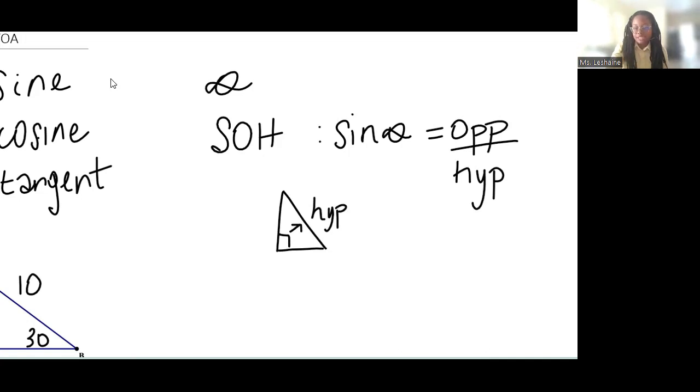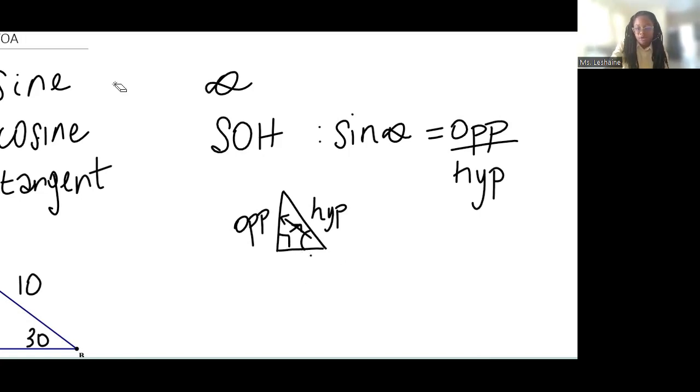It's always the longest side. Now, if I have an angle here, the side that is opposite to that angle is referred to as the opposite. And then the side that is beside the angle is referred to as the adjacent side.